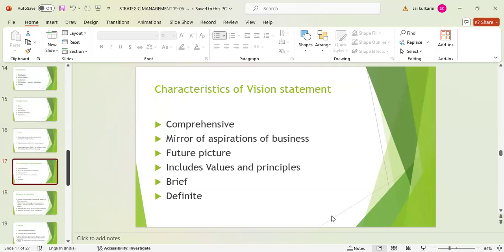So a vision statement can create the future picture in the minds of customers. This is one more characteristic of a vision statement.